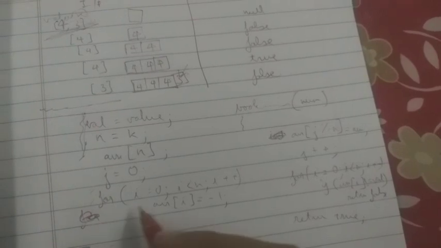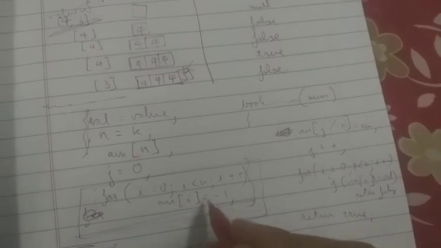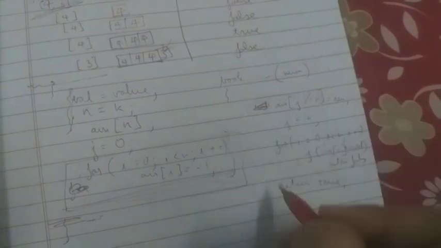I think this is optional, but it is a better approach, because no number is going to be -1. The value is not -1, so you can do this.